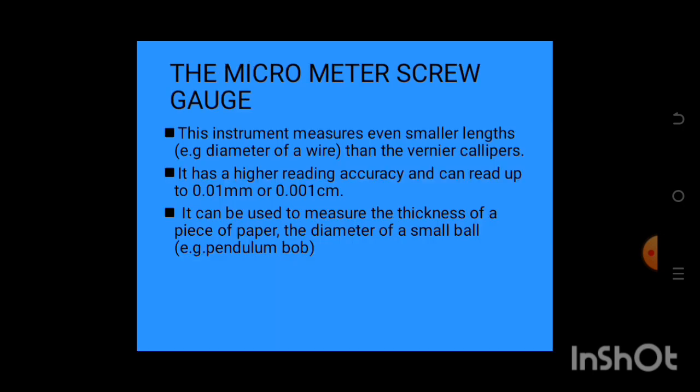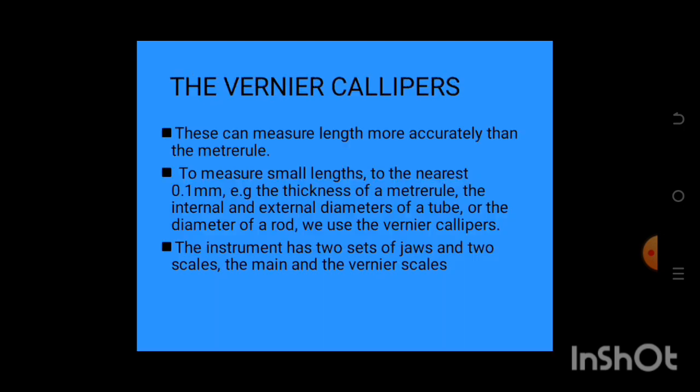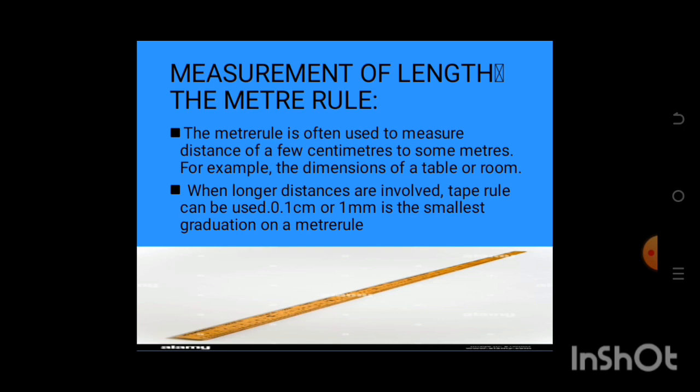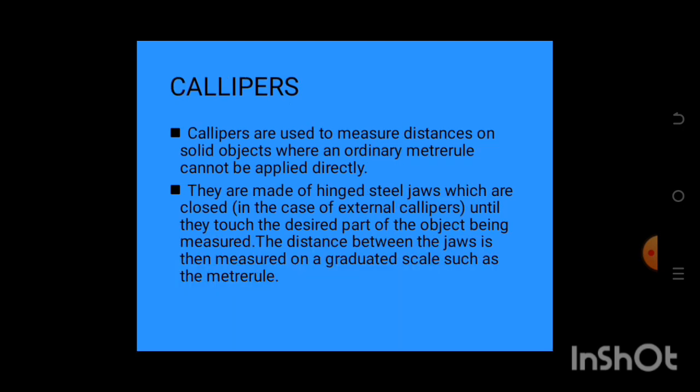Now, a micrometer screw gauge has higher reading accuracy and can read up to 0.01 millimeter. Remember, I said that the vernier caliper can only measure to 0.1 millimeter, as you see in this chart, while a meter rule can only measure to 0.1 centimeter or 1 millimeter.